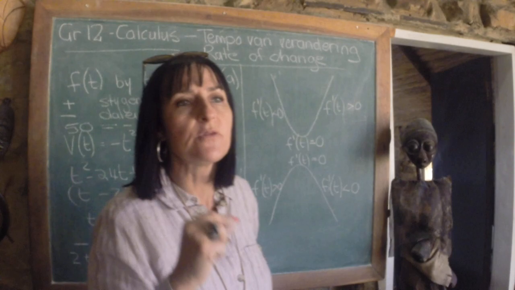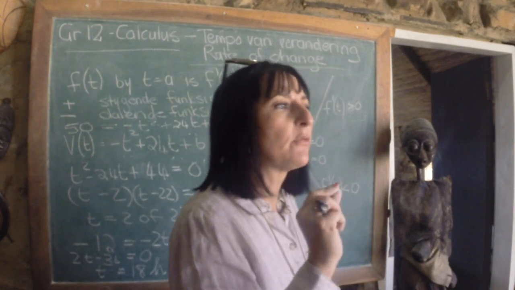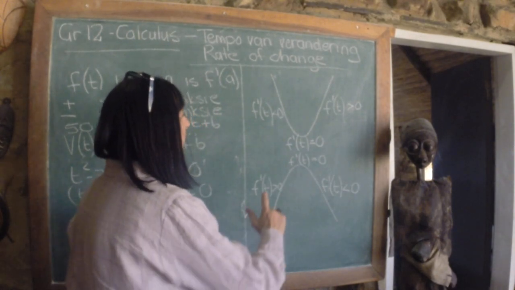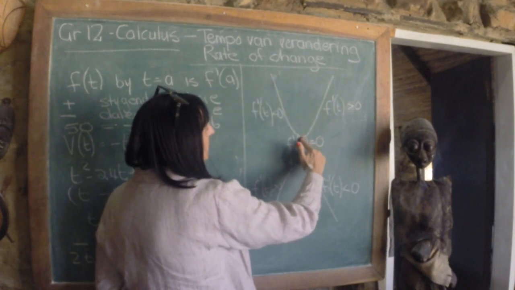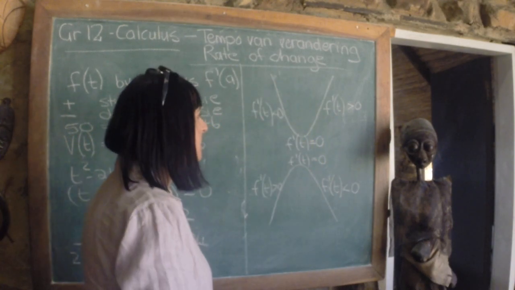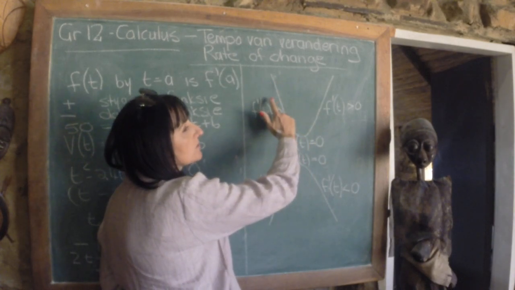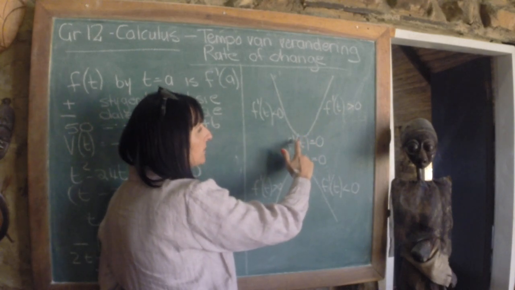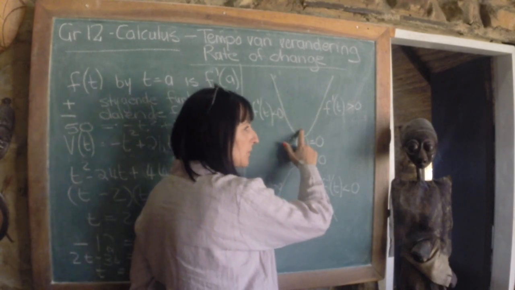But how do we know whether that turning point is a minimum or a maximum? We know this by looking at the points just smaller than the x-value of the turning point. If the derivative there is smaller than 0 and after the turning point is greater than 0, then we know it's a minimum turning point.